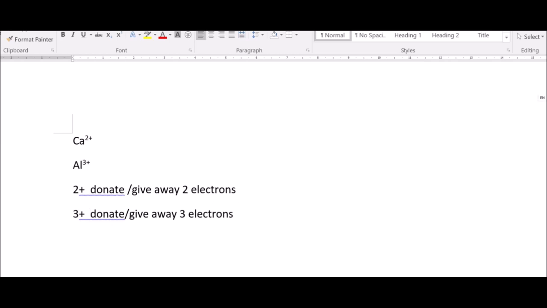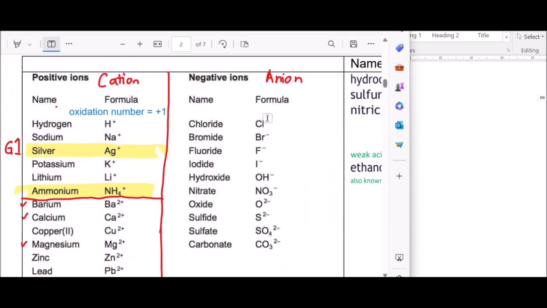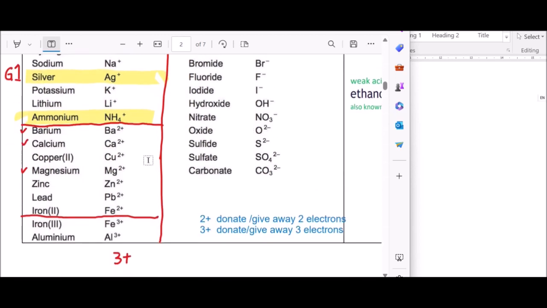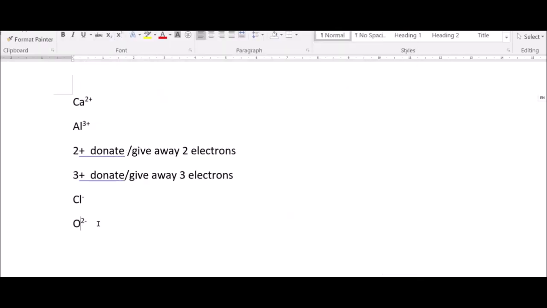On the other hand, chlorine has a negative charge. The oxide ion has 2 negative, meaning it receives 2 electrons. And chlorine, because it is only negative 1, receives 1 electron. So that's the main idea of the positive and negative charge, as well as the number.